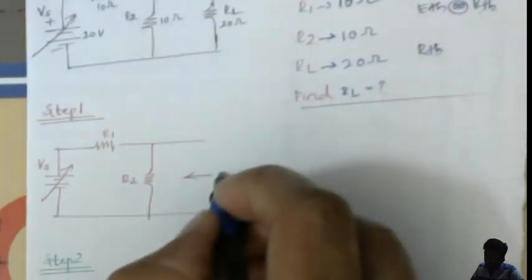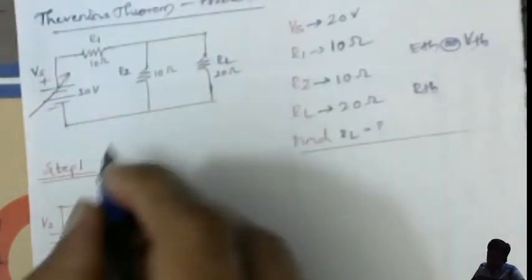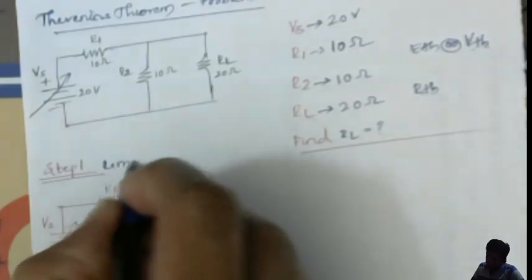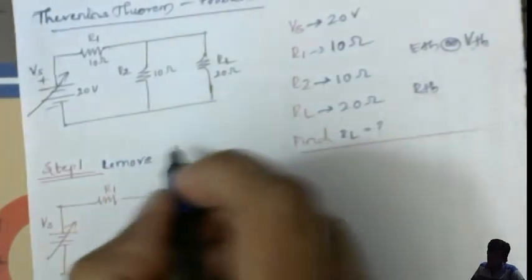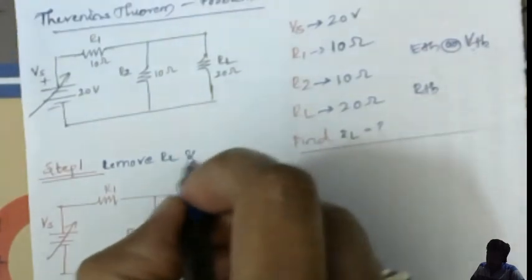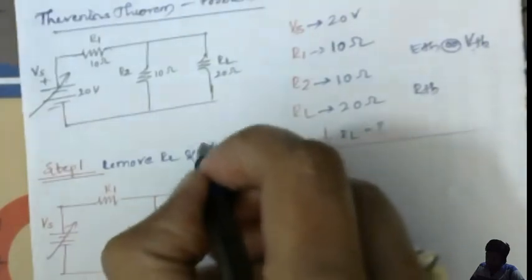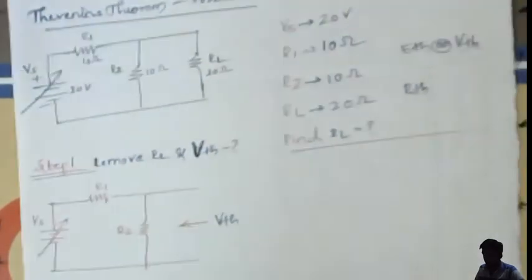In this step number 1, you need to find out VTH. In order to find out VTH, remove RL and find ETH. ETH means VTH.